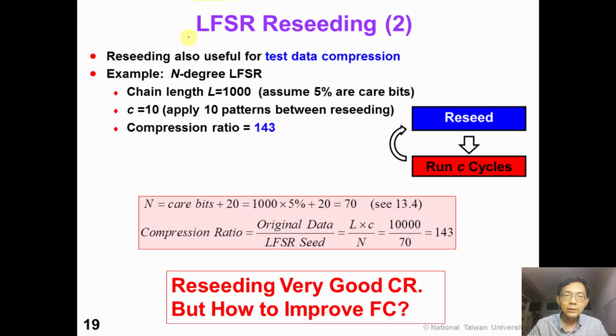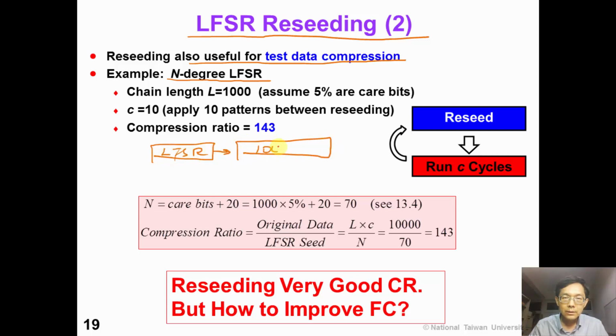It turns out that LFSR reseeding is also very useful for test pattern compression. Suppose that we have an n degree LFSR that feeds a scan chain of 1000 scan cells. We assume only 5% of the bits are care bits.